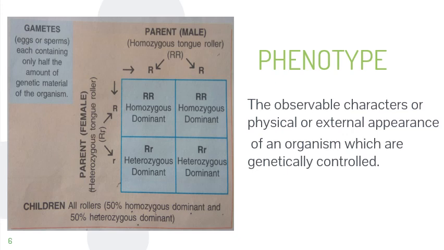This example is given for tongue rollers, but they are genetically dissimilar. Here we observe that one is homozygous dominant, that is R and R, and the other is heterozygous, that is R and r, and all the children will be tongue rollers. So this is a very good example of phenotype.